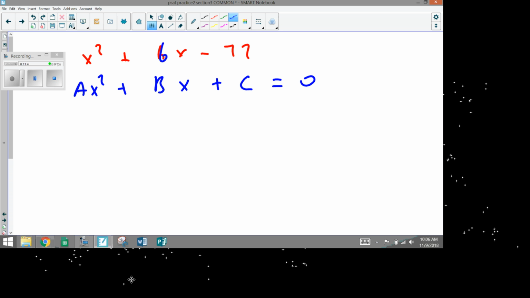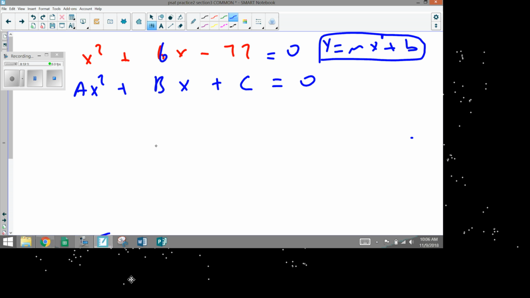For example, y is equal to mx plus b. Is that a line or a parabola? It's a line because the degree is 1. So this is a line, this is a parabola. And when you see the expression, we should match the coefficients, the formula's coefficients and the equation's coefficients. So if I ask what is b, you would say definitely 6.